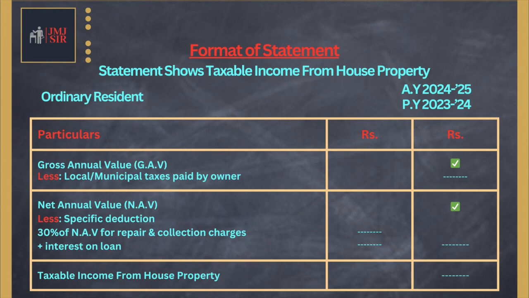Then we have the specific and standard deductions, which are already discussed: 30% of the net annual value for repair and collection charges, as well as the interest on loan. Both these amounts are first recorded in the first column, and then the total of both amounts is recorded in the outer column, and the resultant figure so arrived is to be considered as the taxable income from the house property.